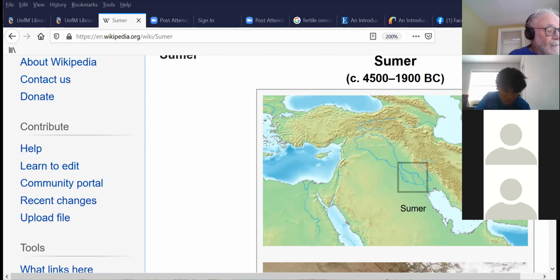But over time, as political amalgamation occurred in Sumeria, as one city grew powerful and conquered the others and so on, by around the year 2250 we can speak of a kind of pantheon of gods.